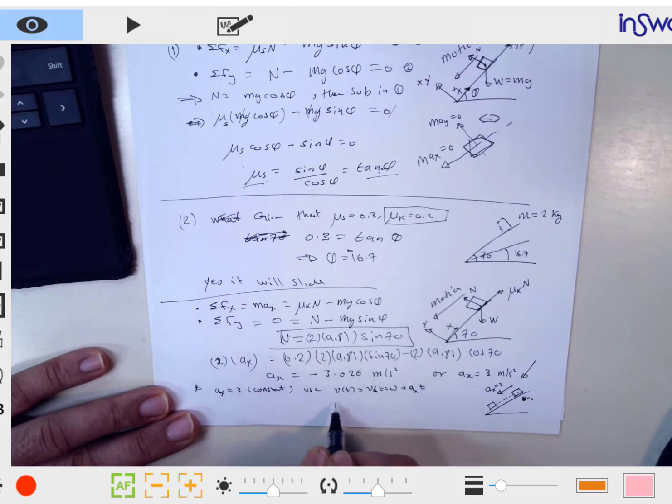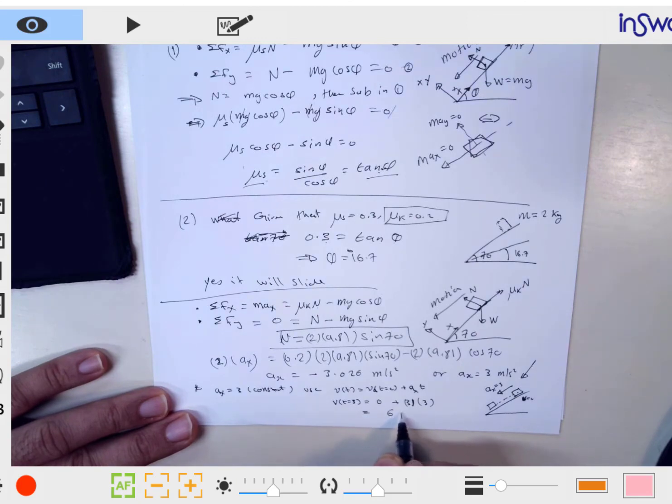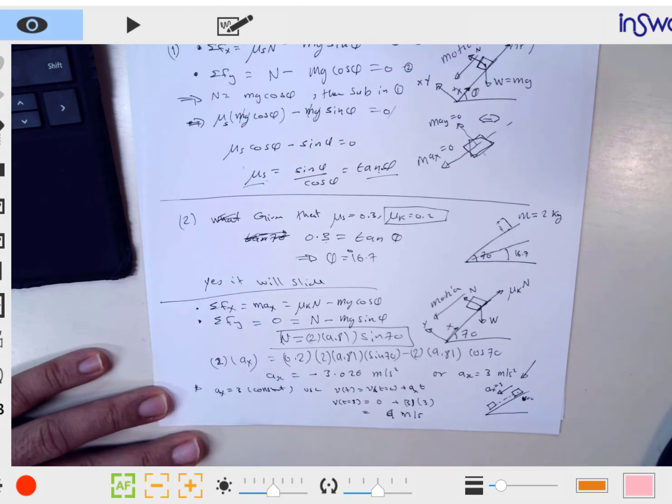So what does it mean? V at time equal to 3 seconds, initial is 0 plus 3 multiplied by 3 seconds. That's what we were asking. So this is equal to 9 meters per second. So that's the answer.